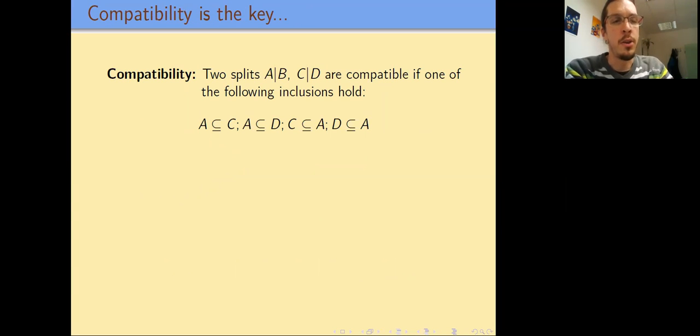And the split systems of trees have been characterized in terms of what is called compatibility, where we say that two splits A|B and C|D of a set X are compatible if one of the shown inclusions holds. So basically one set of split number 1 is included in one set of split number 2, or the other way around.